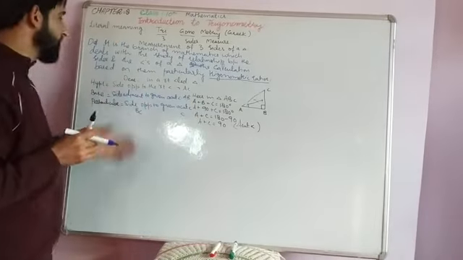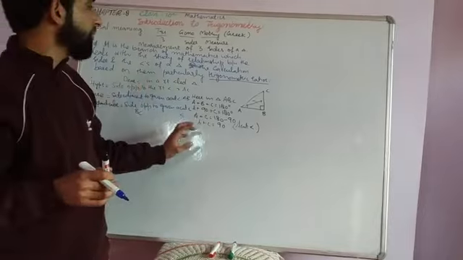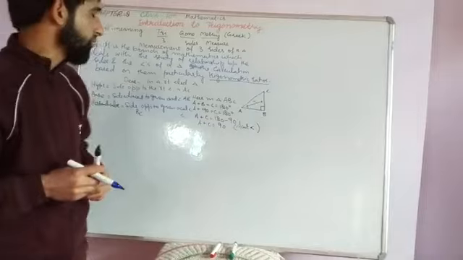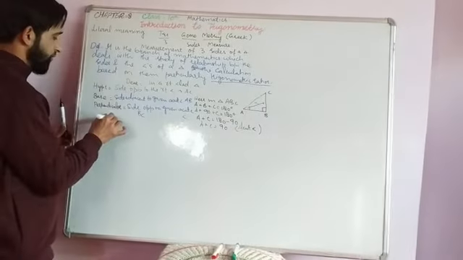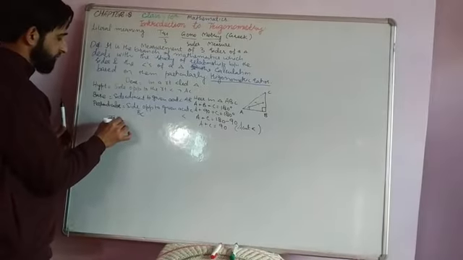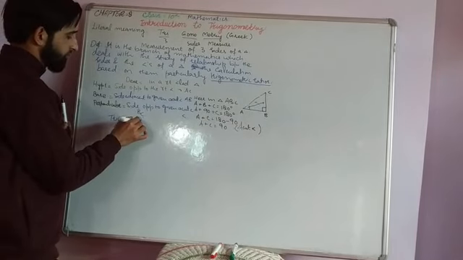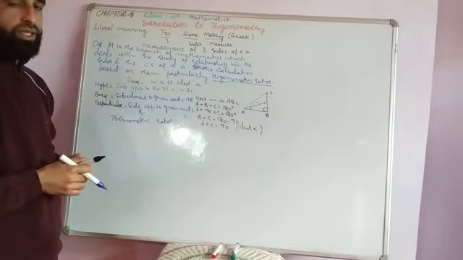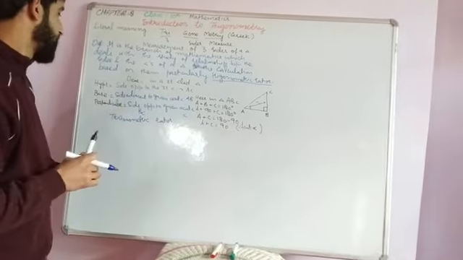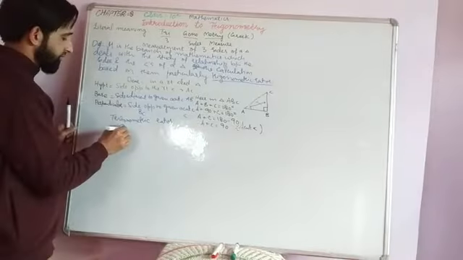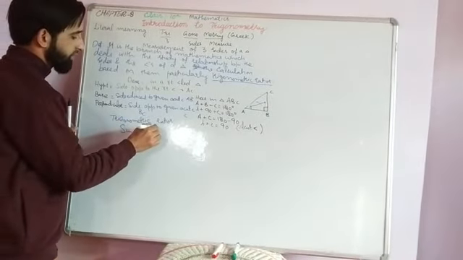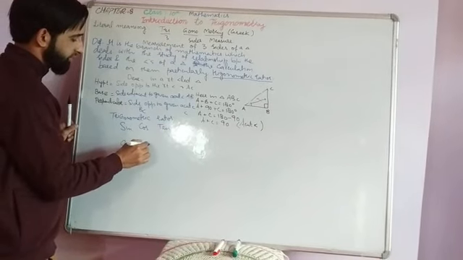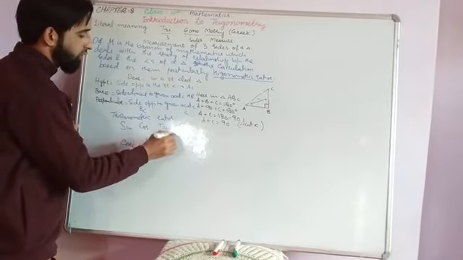So these were the three sides, hypotenuse, base and perpendicular, on the basis of which we calculate the trigonometric ratios in a right triangle. Now, trigonometric ratios. Basically we have six trigonometric ratios: sine, cos, tan, cosec, sec, cot.